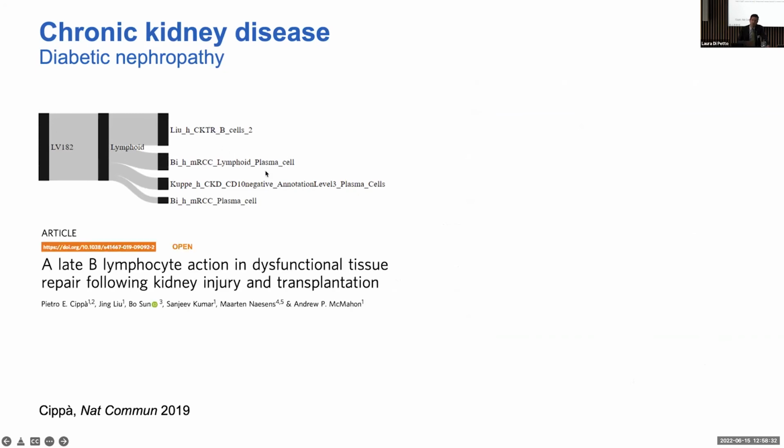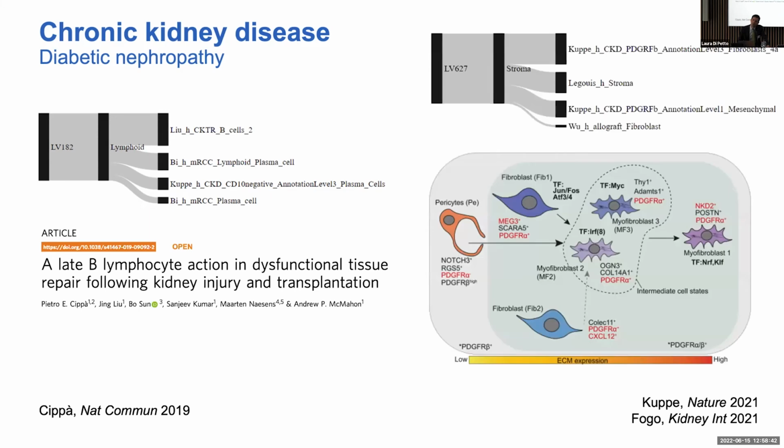These 3 latent variables. Latent variable 182 was strongly associated with lymphatic cells, and if you look exactly, these are all B cells or plasma cells. And this was very much consistent with our previous publication, where we described that these B lymphocytes are an important component in this transition from acute to chronic kidney injury.